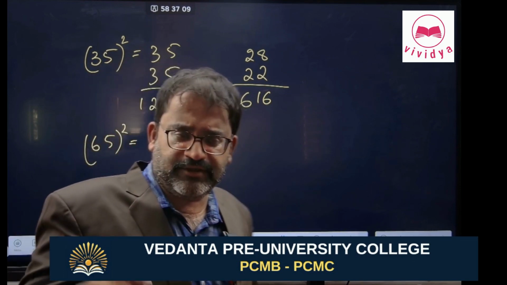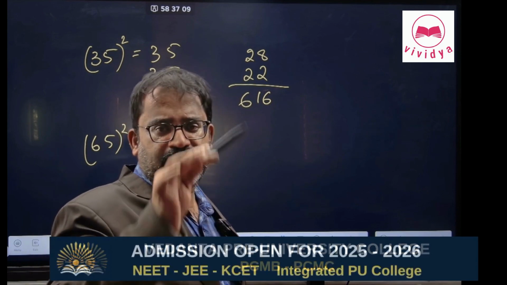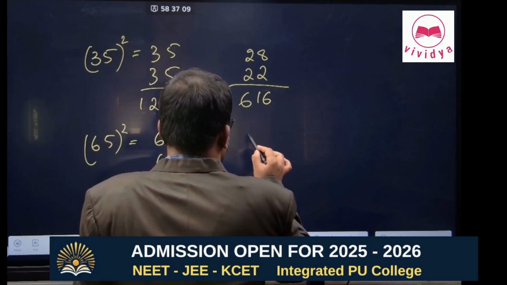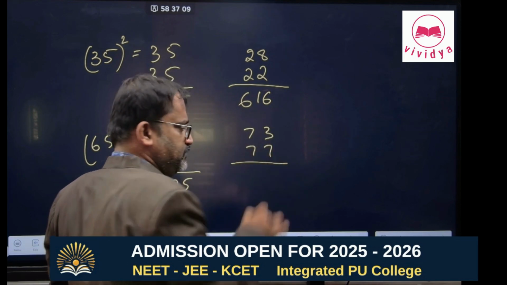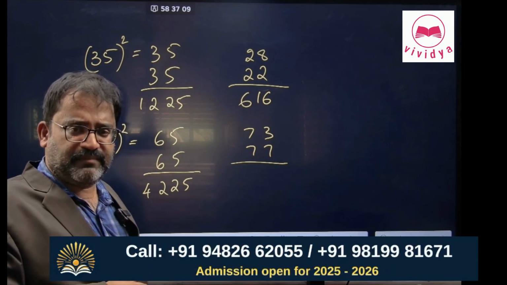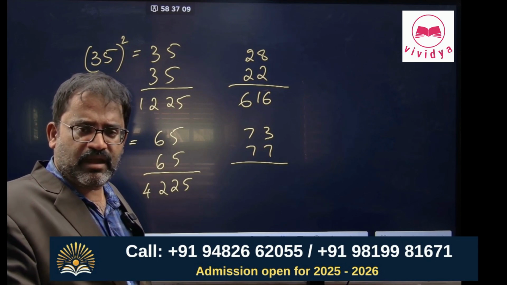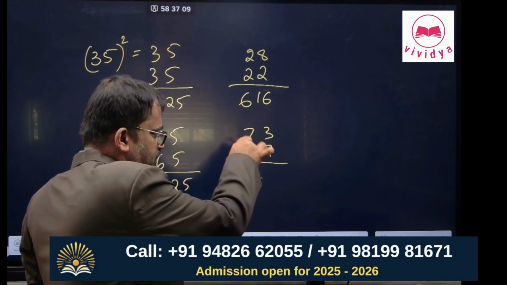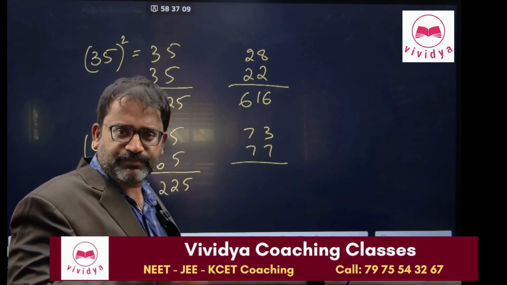Now, let us see whether this method is applicable for any other pair of digits or not. So let me say I am going to take 73 by 77. I am multiplying 73 by 77. Can we apply the method, children? The answer is yes, because the right hand digits add to 10 and the left hand digit is the same.